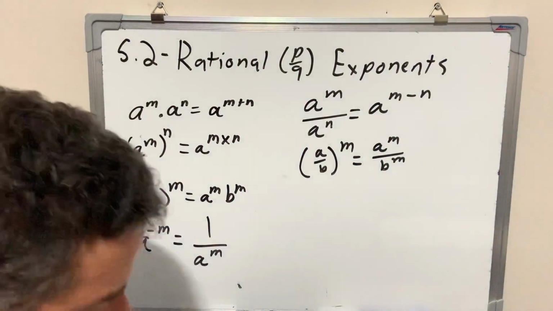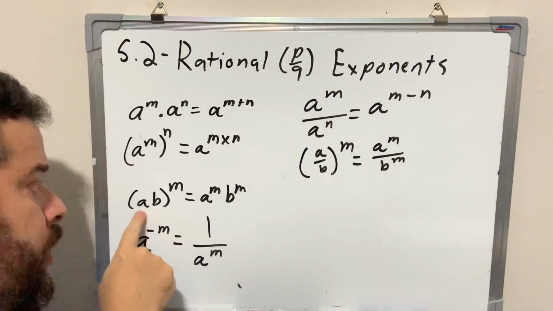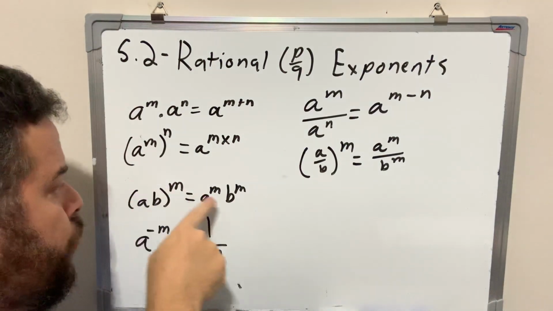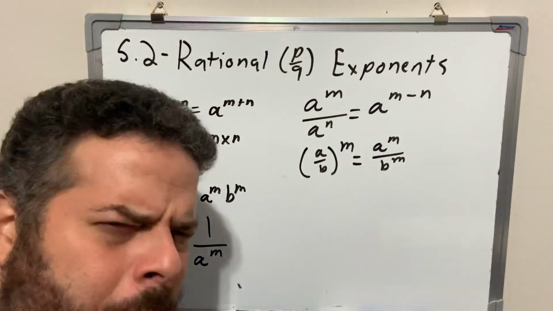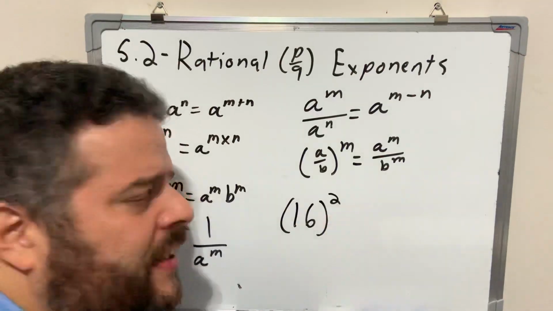Now here, when we have power of a product, again, product, a multiplication, exponent, power of a product, you just distribute the exponent. So say, for example, let's look at 2 examples. Say I have 16 to the 2nd power.